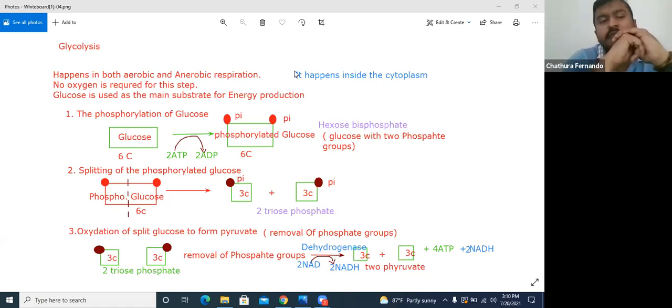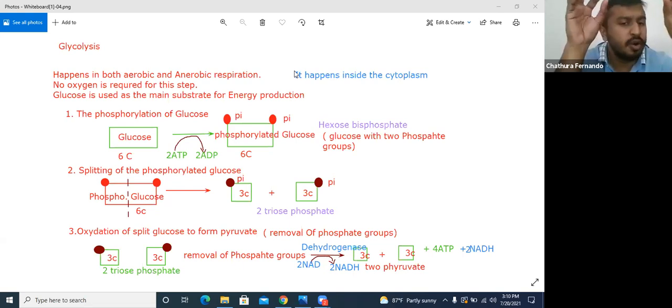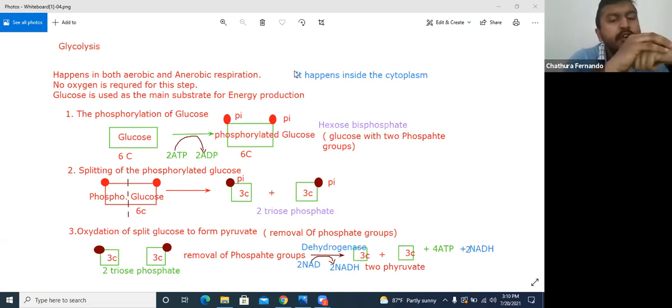First one, what happened was phosphorylation of glucose. First, the 6-carbon glucose was converted to a phosphorylated glucose where the glucose bound with 2 phosphate groups. That is what we call phosphorylated glucose. The glucose is called hexose bisphosphate. Why do we call it hexose?